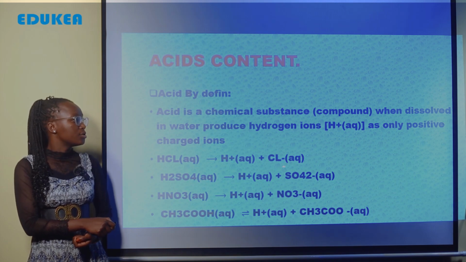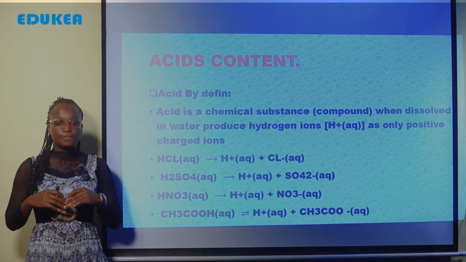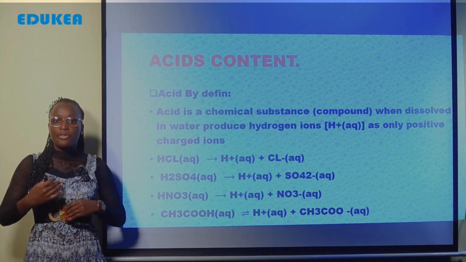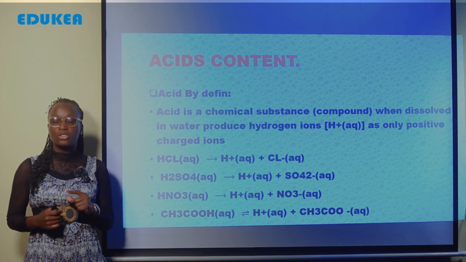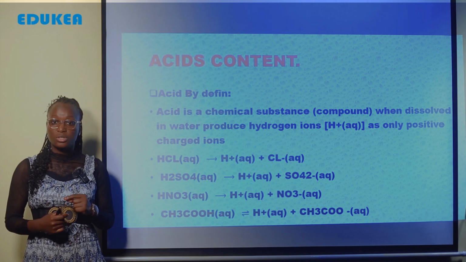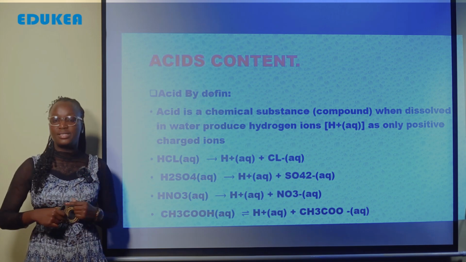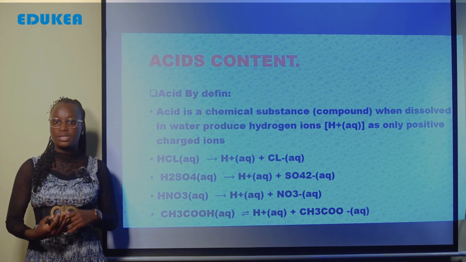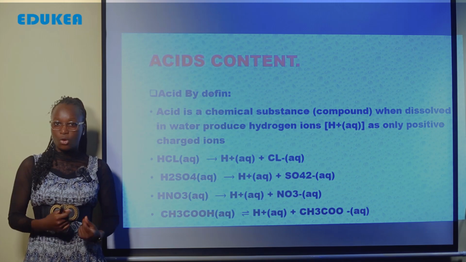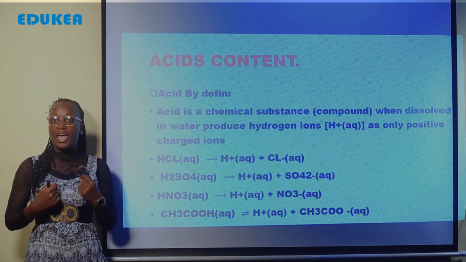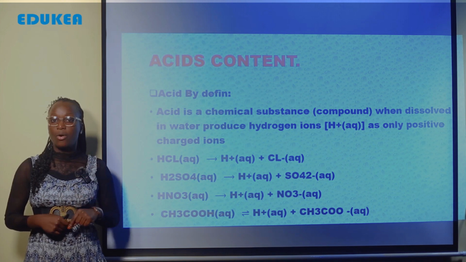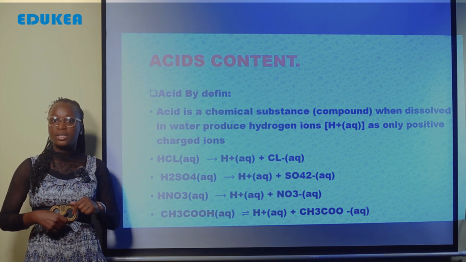So the acid involves those compounds which, when dissolved in water, tend to produce the hydrogen ions which are positively charged, but also produce other ions which are associated with that compound. But what we consider is the positive ion charge, the only hydrogen ion which is positively charged.